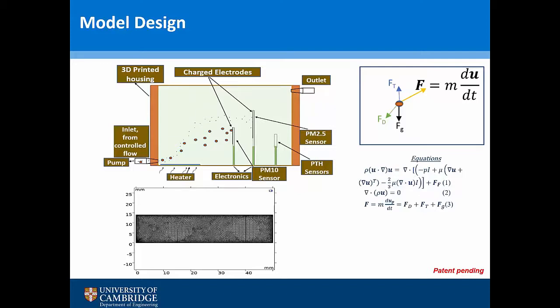Just for information, the simulation was done at 100 degrees Celsius for this heater. As the system goes smaller and smaller, there's a possibility to reduce the temperature required and still achieve similar results. Then the inlet requires a controlled flow, in this case a velocity flow of 0.2 meters per second.